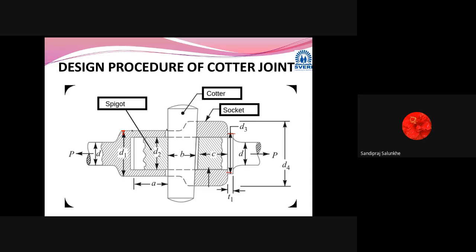This collar diameter is D3, which we are going to calculate from the same empirical formula, and this length as a, which we have calculated while considering the spigot failure in tension. And also, no doubt, we are going to calculate the outer diameter of the spigot, that is D2.